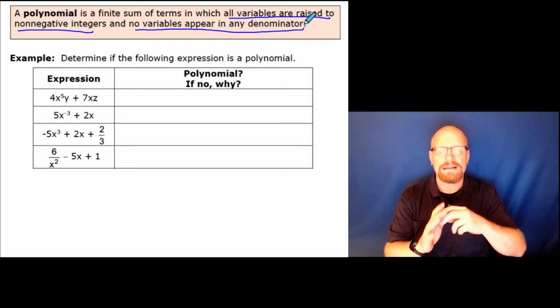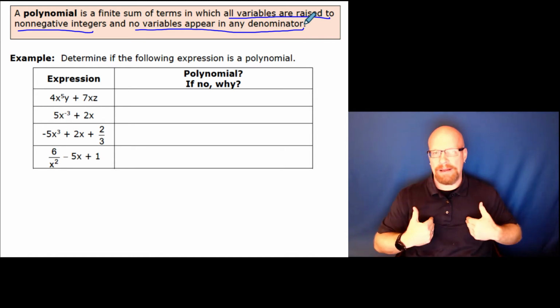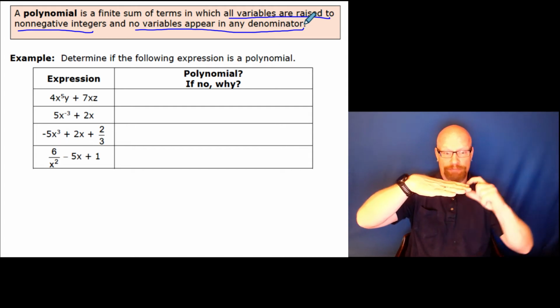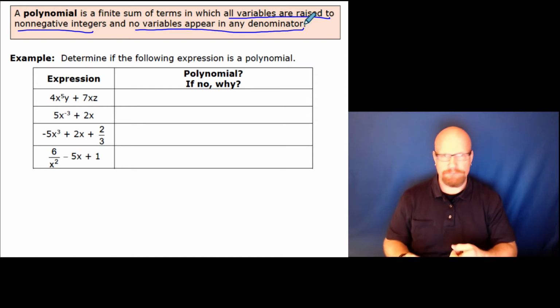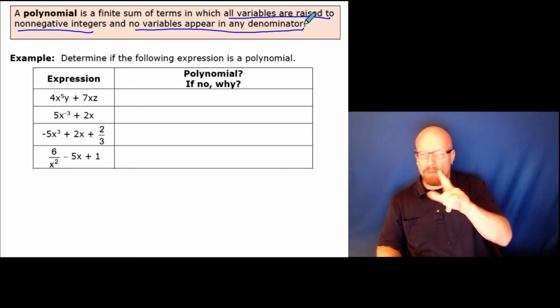What it means is the exponent cannot be negative, like x to the -2. Or if you have a fraction, the variable cannot be in the denominator with an exponent.